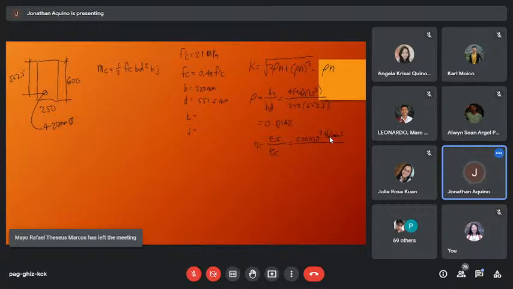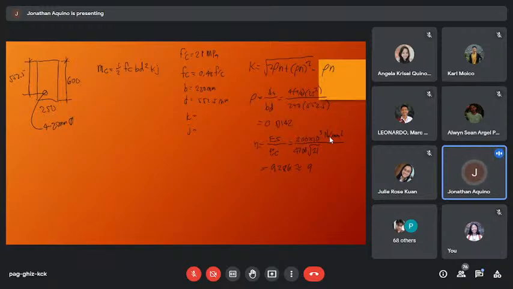For normal weight concrete, EC is simply 4,700 square root of F prime C. So N is 200 times 10 to the 3 divided by 4,700 square root of 21, which is 9.286, or let's say N is equal to 9. From the NSCP, N should be a whole number, so just get the whole number.